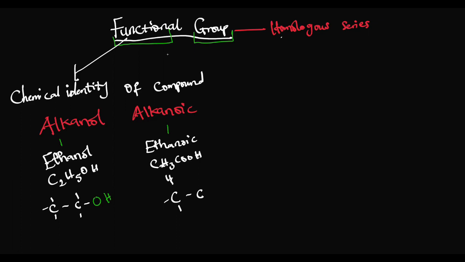This is for the hydrogen. So this forms a double bond with one of the oxygens and one single bond with the OH group. Let me use another pen for that. So this is what it forms.